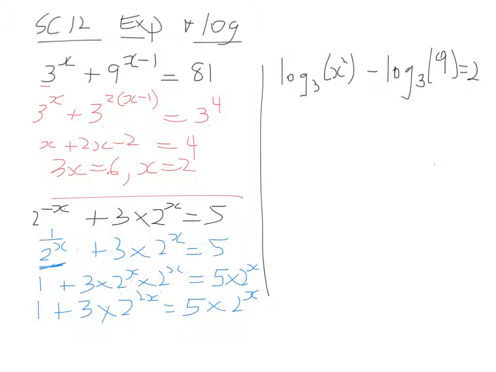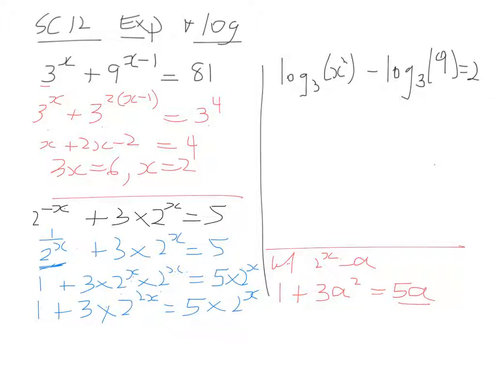And then from there, I'm going to have to make some room. Let 2 to the power of x equal a. So from there we'll end up with 1 plus 3a squared equals 5a. And now it's a quadratic.